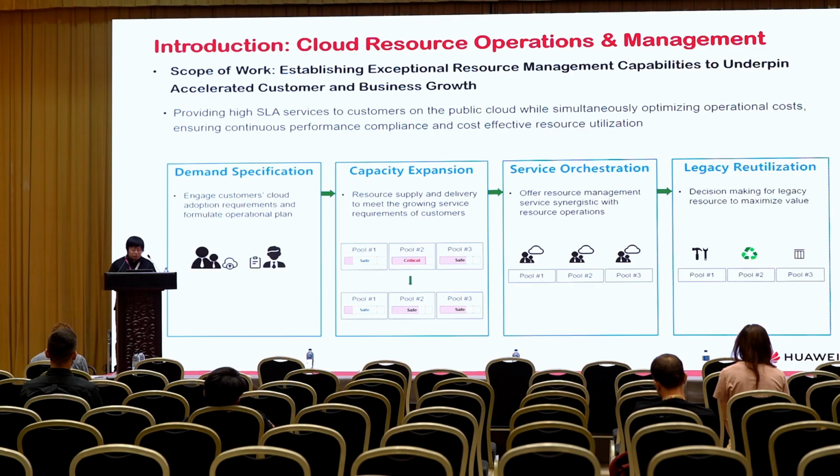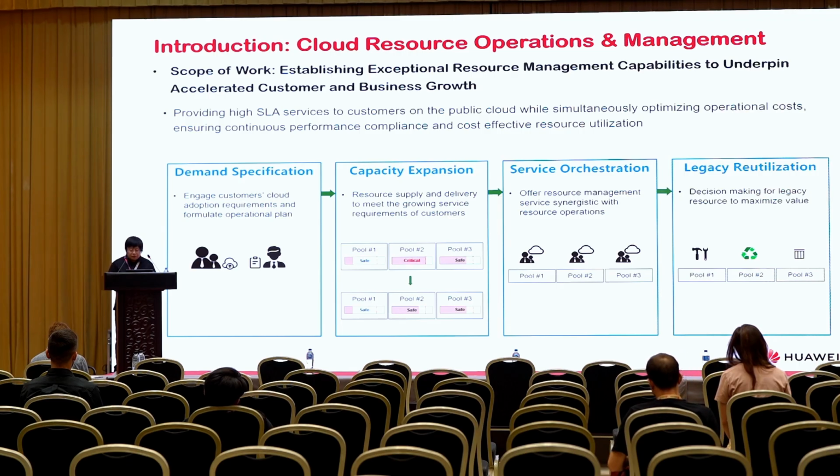This mission is twofold. First, to deliver high service level agreements and quality of service on the public cloud that our customers can rely on around the clock. And second, to do so with an uncompromising focus on operational efficiency.